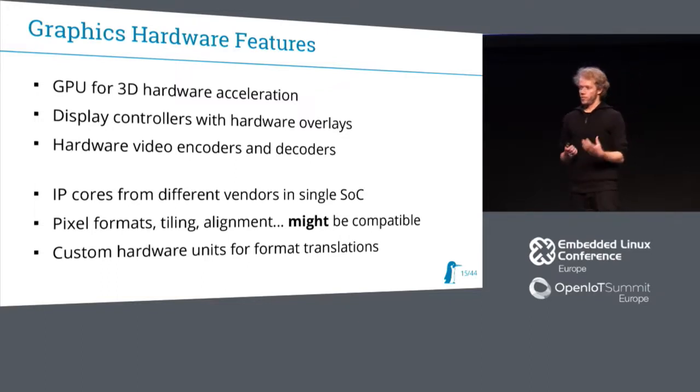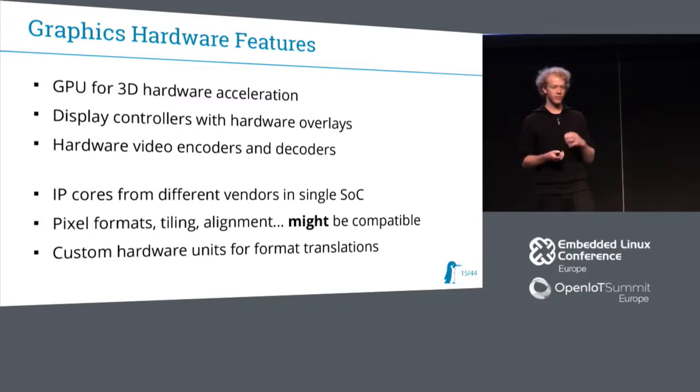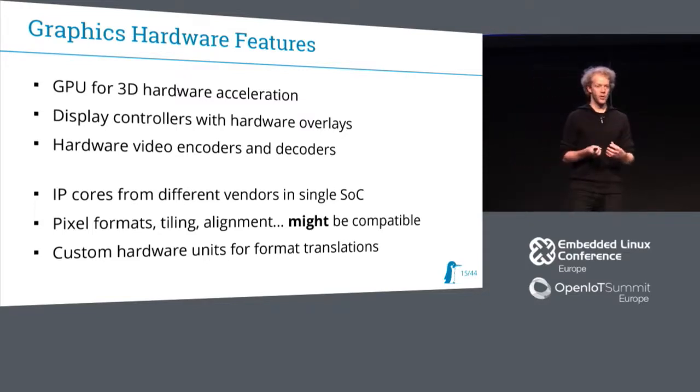And if you buy an SoC, usually you get IP cores from different vendors. So your SoC vendor buys IP cores from different IP vendors, puts them together in a SoC, and uses them. That leads to maybe incompatible IP cores.